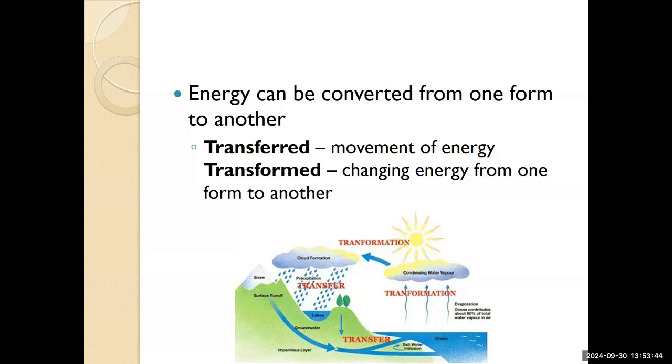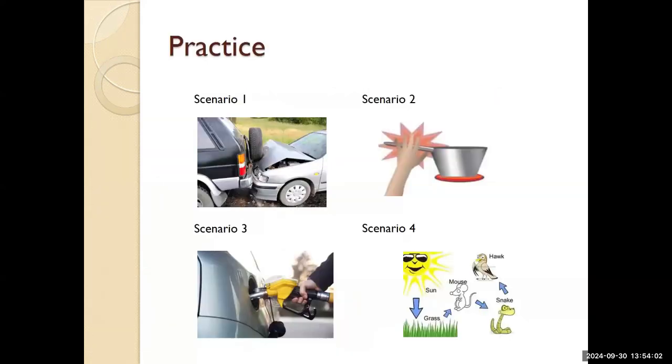However, when that liquid water drops from the clouds onto the land surface below, we see transference. And when that water runs down the mountainside out to the ocean, we again see transfer. So taking a look at these practice examples, see through the story whether energy is just being moved from point A to point B, or whether the type of energy is changing.